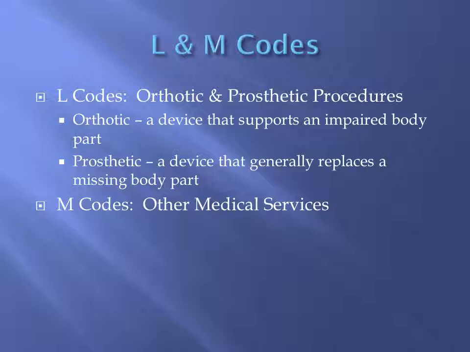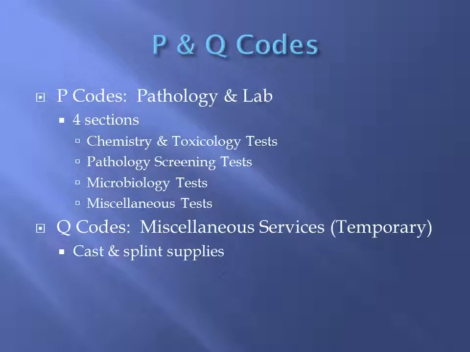L codes are for orthotic and prosthetic procedures. Your orthotic is a device that supports an impaired body part. A prosthetic is a device that generally replaces a missing body part. M codes are for other medical services. P and Q codes.